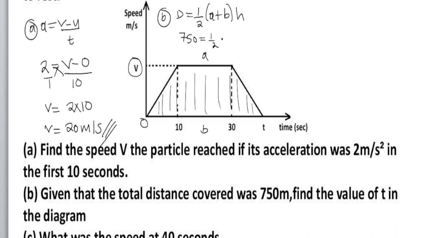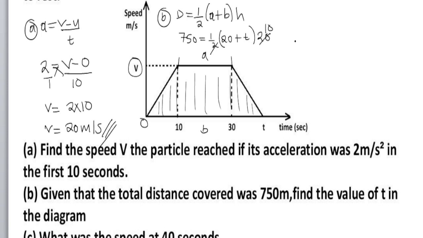Then we say half. Our A, the distance from there to there, is 30 minus 10, which is 20. Then our B, from 0 to T, is just T. Then our height is v, which we found to be 20. So half of 20 is 10.